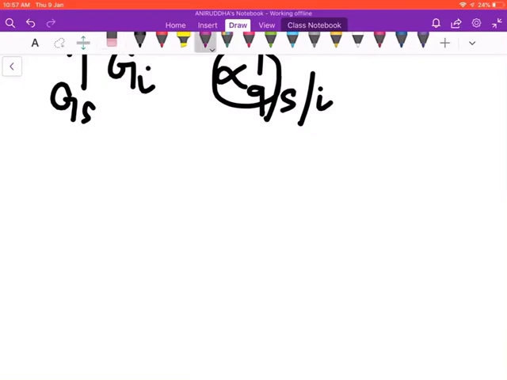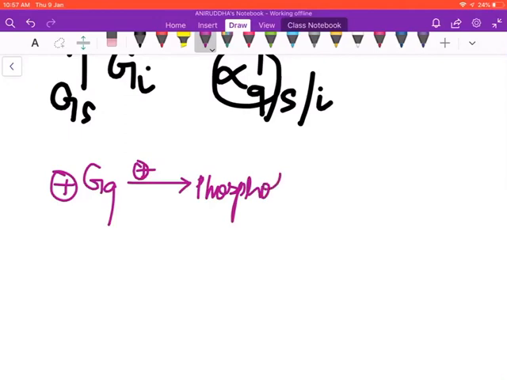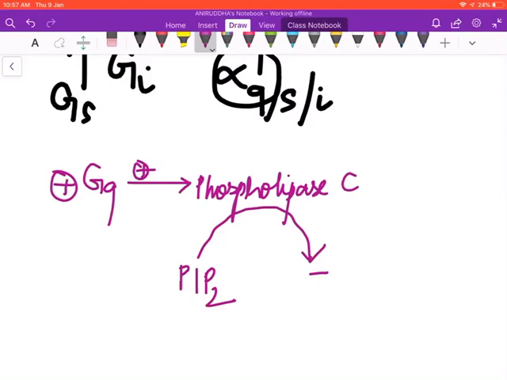Stimulation of the Gq type will activate an enzyme known as phospholipase C. This will convert membrane phospholipid PIP2, that is phosphatidyl inositol 4,5-bisphosphate, into IP3, that is inositol triphosphate, and DAG, which is diacylglycerol.